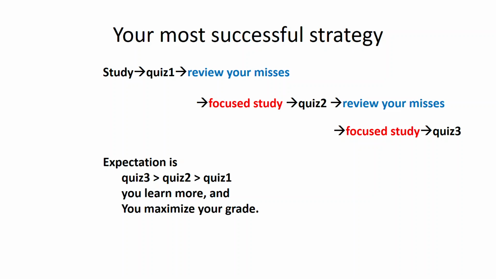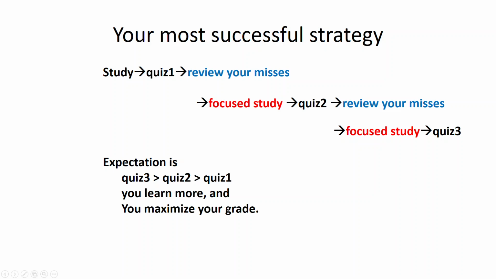And that's a pattern I look for. I don't want to see your first quiz being a 9 and the next 2 quizzes being 3s because I know what you did. All right. So we're improving at all times. It's continuous improvement. And being engineers, you ought to understand continuous process improvement.